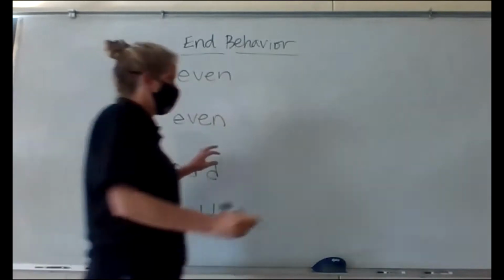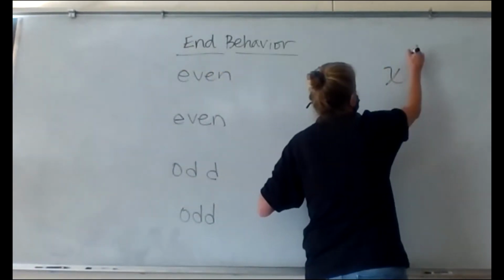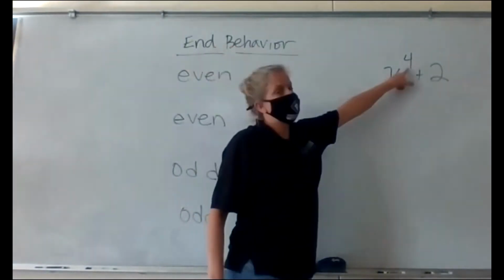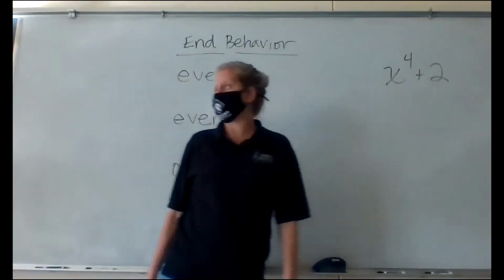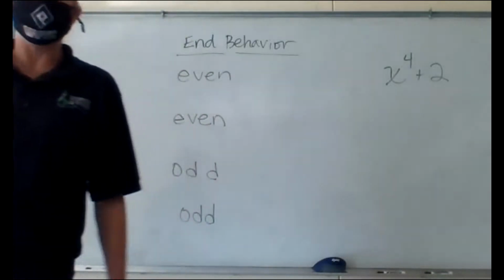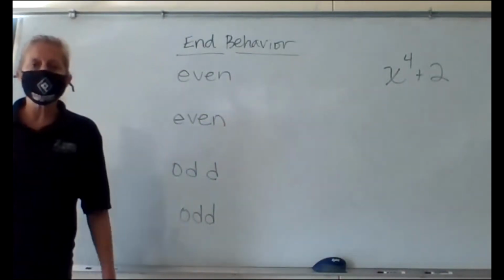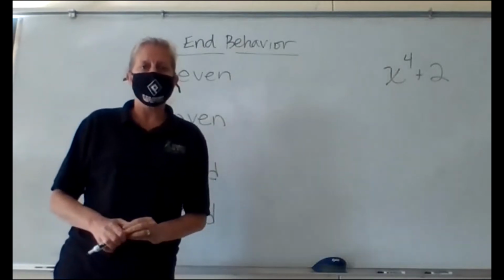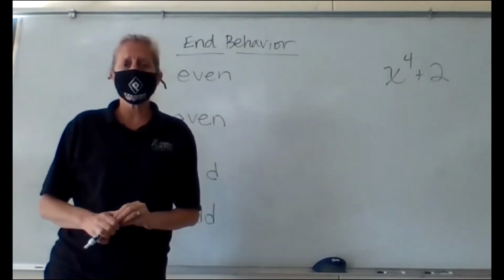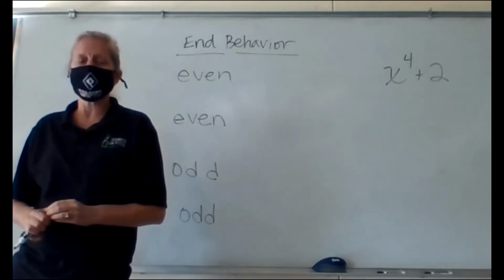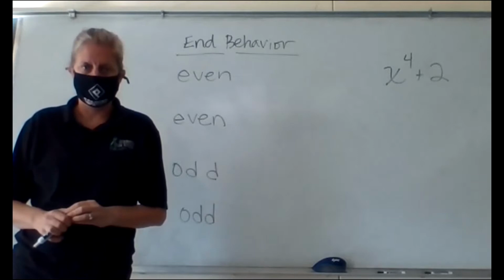If your highest exponent is 4, that means your end behavior is even, right? Your highest exponent is 4. That's what you're looking at for the end behavior. If your exponent is even, that tells you that the ends of your graph are both going in the same direction.